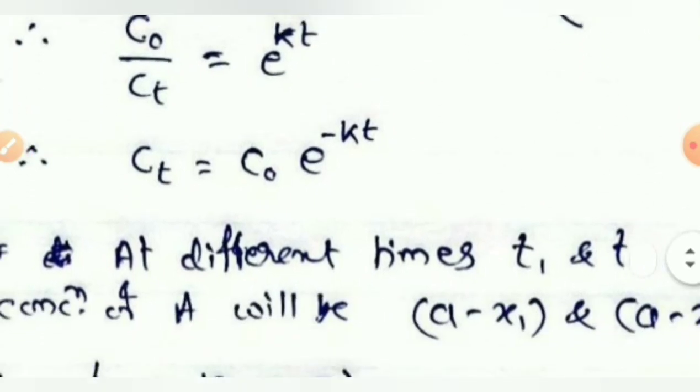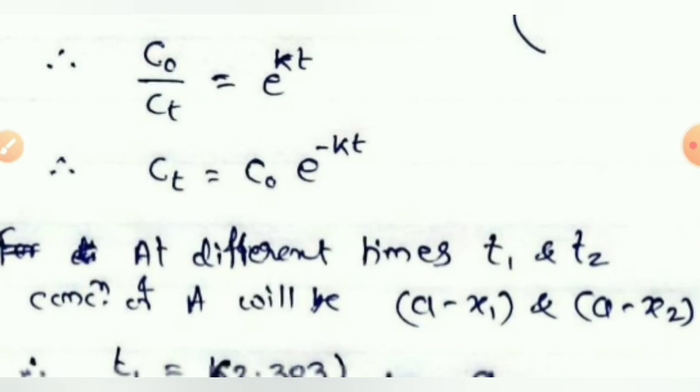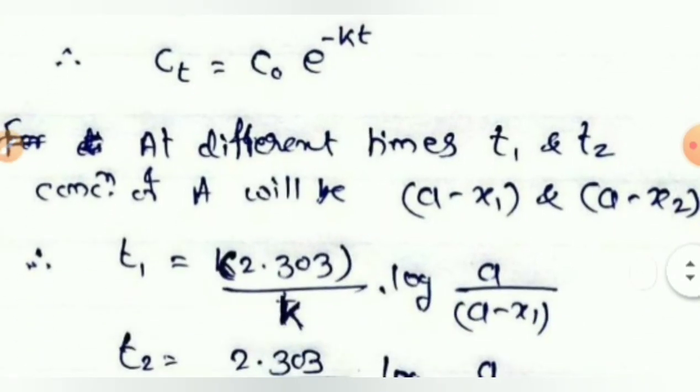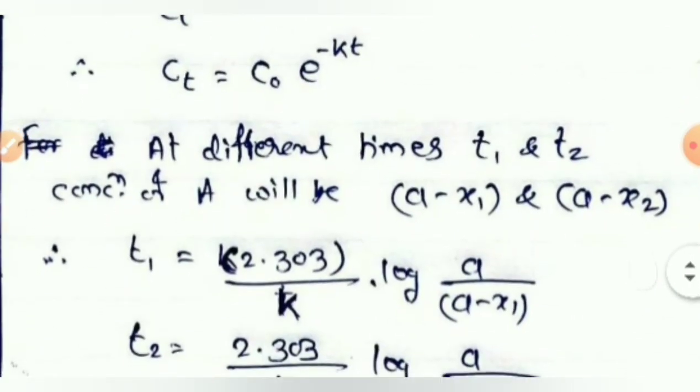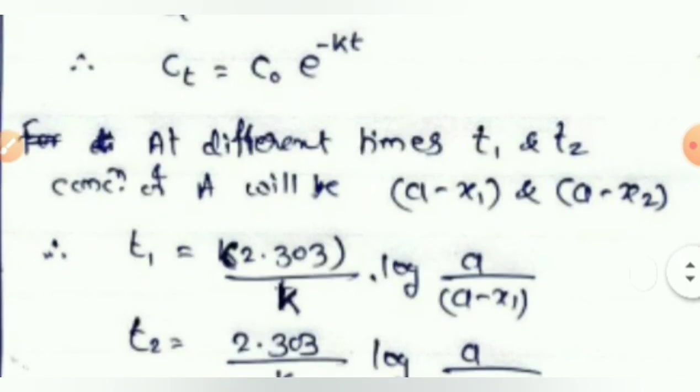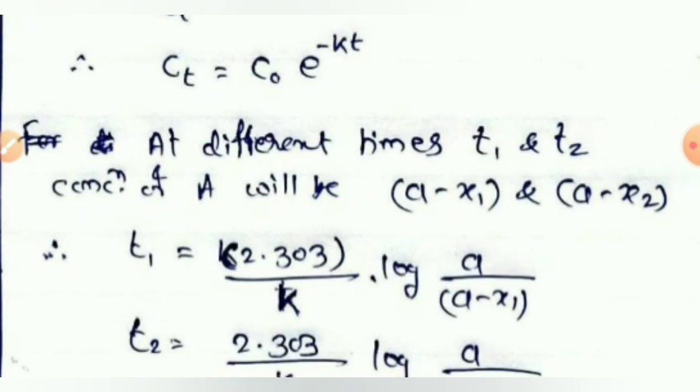So at different times t1 and t2, the concentration of A will be a minus x1 and a minus x2 respectively.